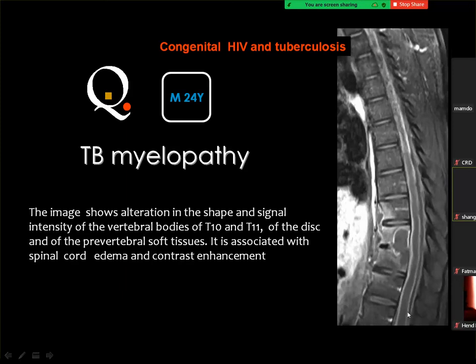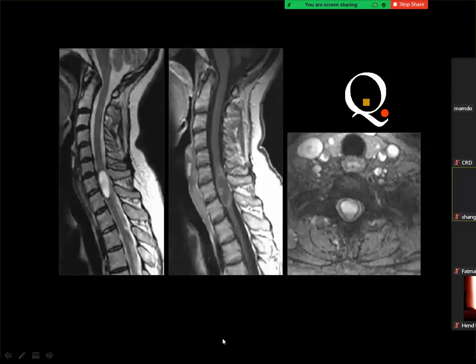There is a significant enhancement of the surface of the spinal cord, secondary to a spread of the infection inside the spinal canal. And of course, this is because of the degraded immunity, as the patient is known to have HIV infection.